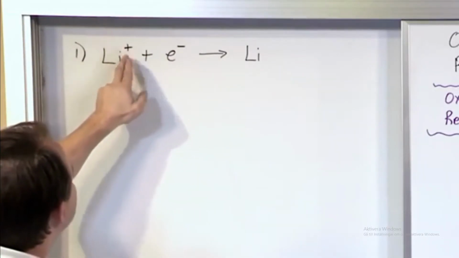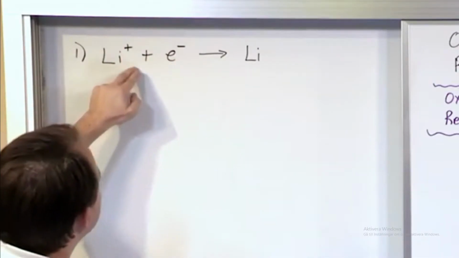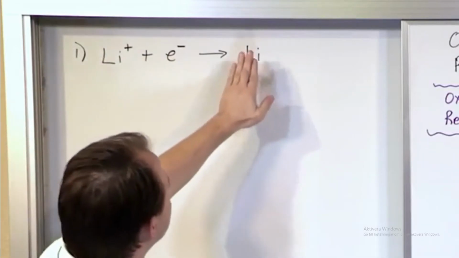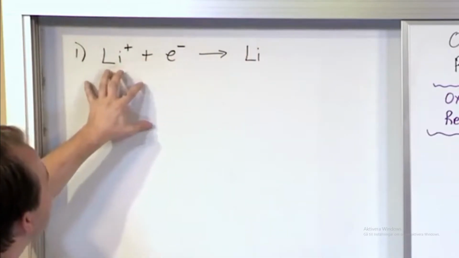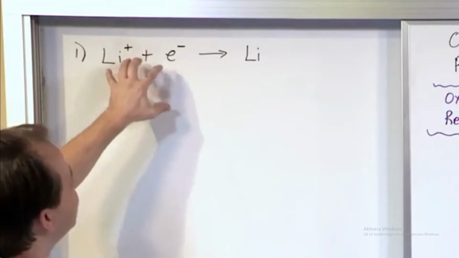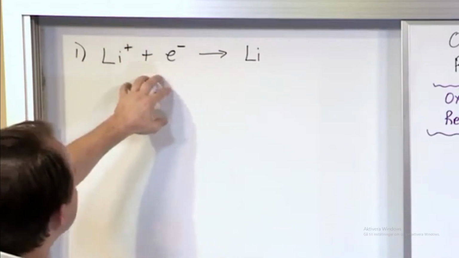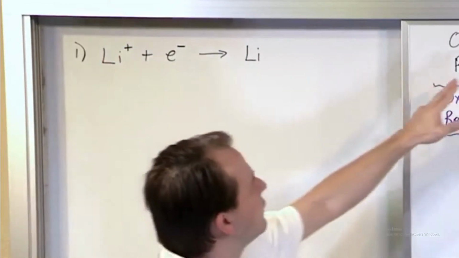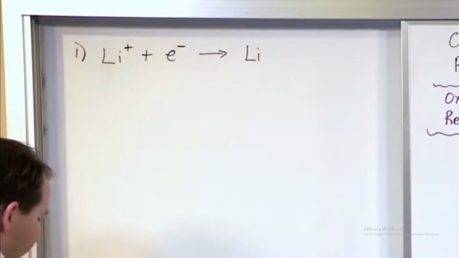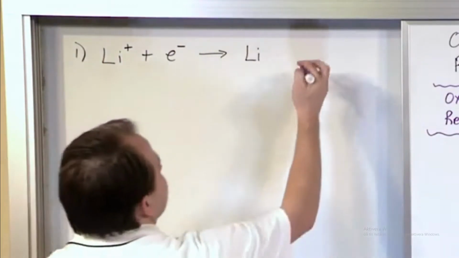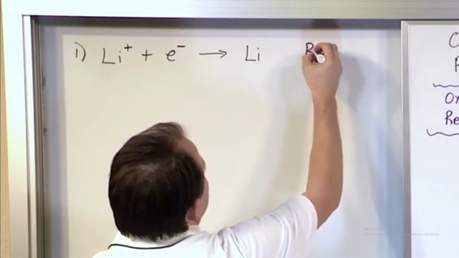So we had a single +1 charge here. We have the electron, which is -1, combining, and we get a neutral result. So what we have is some item that is accepting electrons. It's gaining an electron in this process. So this is going to be called a reduction process. So that's what we need to write down. So this is called reduction.